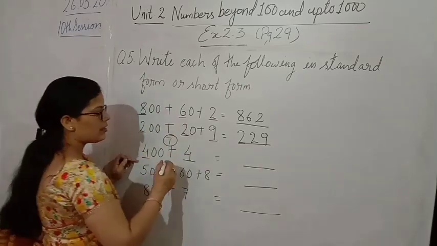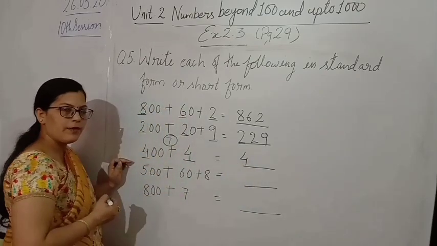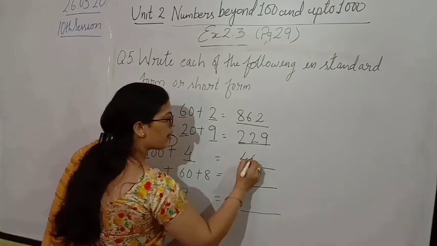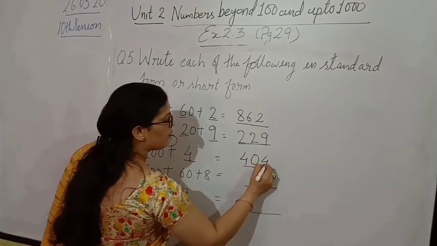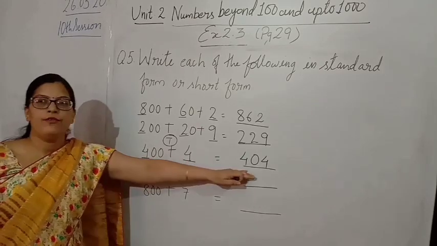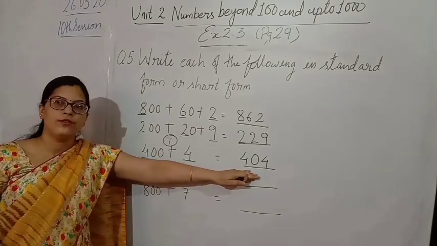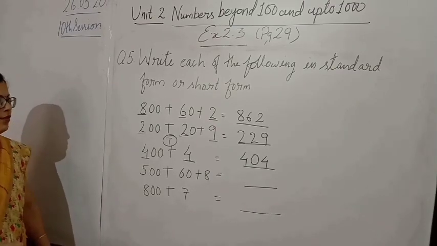Now we'll combine these face values: hundreds place 4, tens place 0, and ones place 4. So the short form is 404.